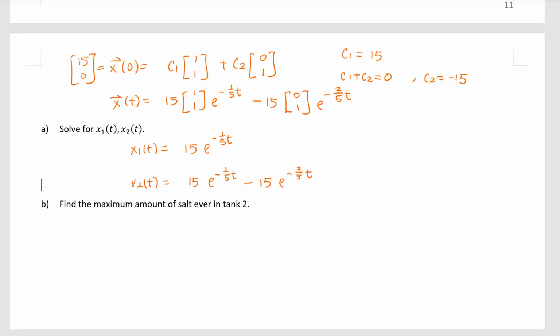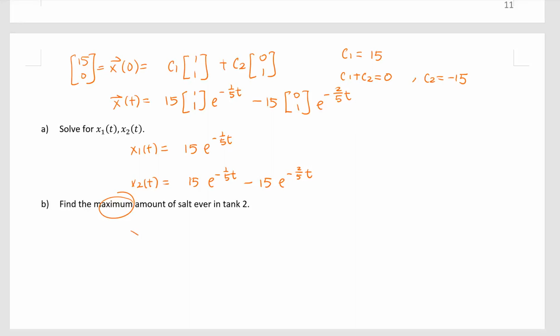And then part B: find the maximum amount of salt ever in tank 2. What does that mean? Well, maximum amount. From calculus 1, how do you find a maximum? You differentiate and set the derivative equal to 0 to find maximum and minimum, right? You find the critical point.